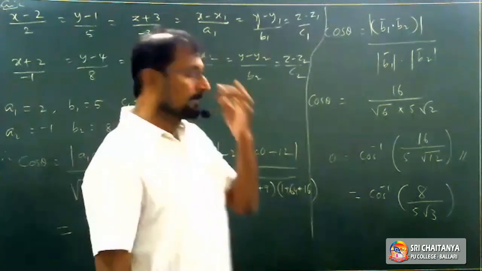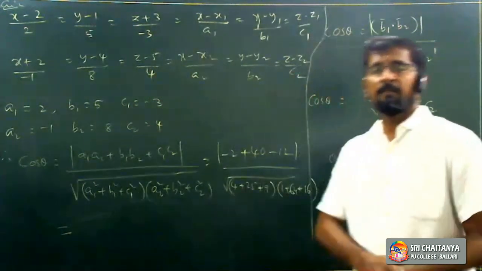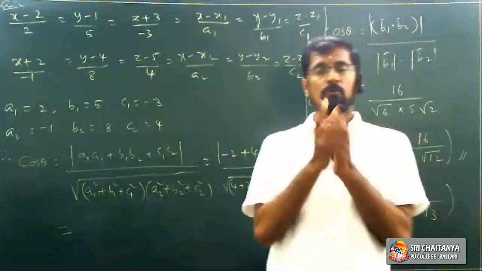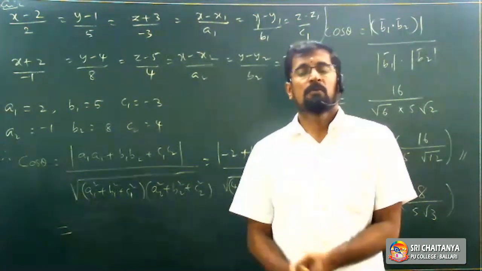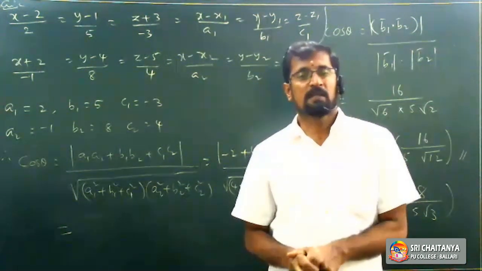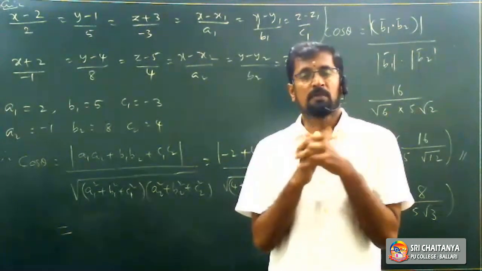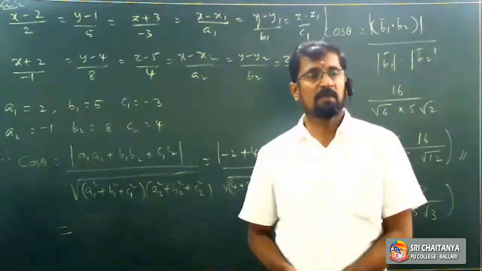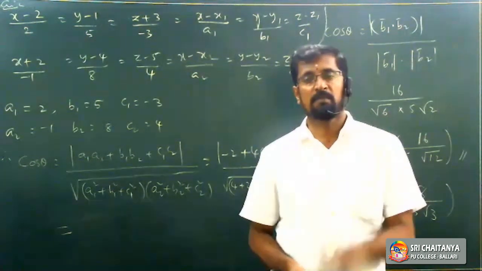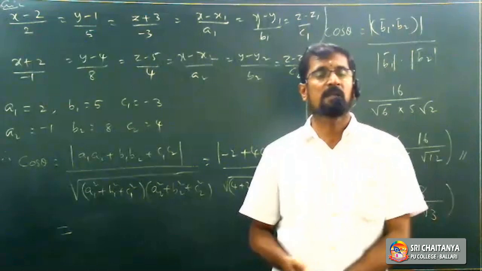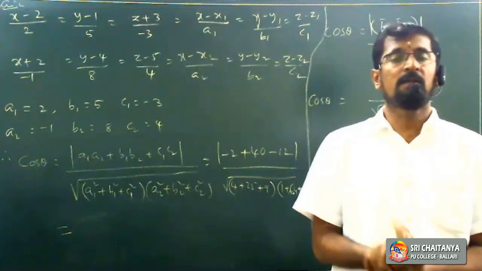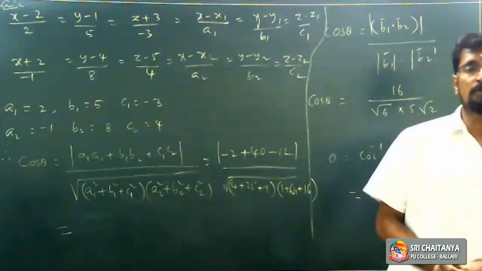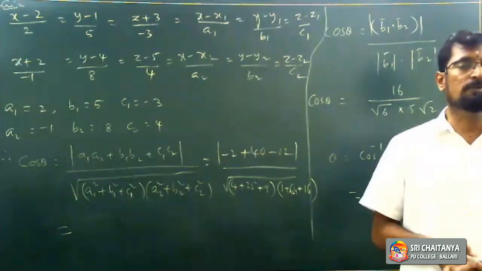I am going to repeat this entire problem once again. Observe this one. Here he has given you two lines, right? You should compare those two lines with x minus x1 by a1 is equal to y minus y1 by b1 is equal to z minus z1 by c1, and x minus x2 by a2, y minus y2 by b2, and z minus z2 by c2.